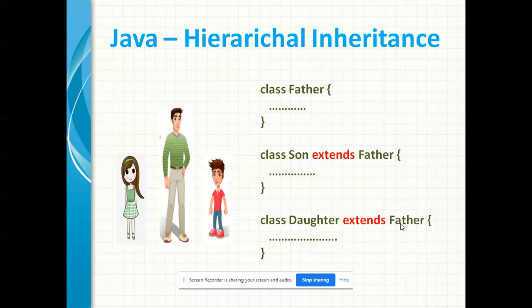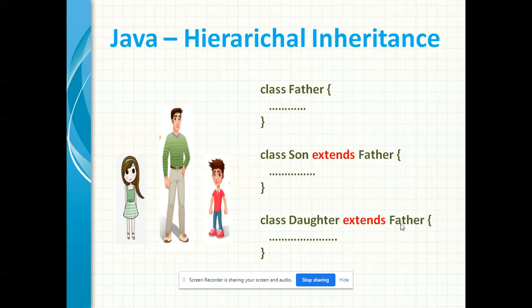One superclass having multiple subclasses, then I will say it's a hierarchical inheritance. So, hope friends, theoretically and syntactically, we are clear about what is hierarchical inheritance and what is the syntax for hierarchical inheritance.